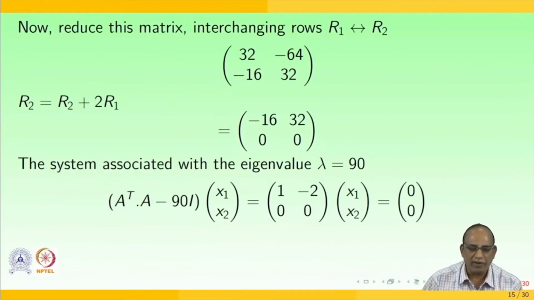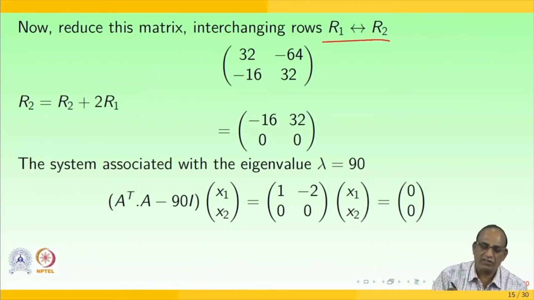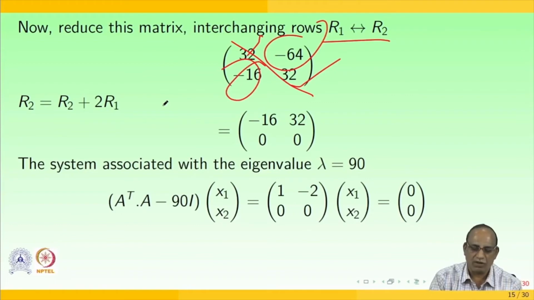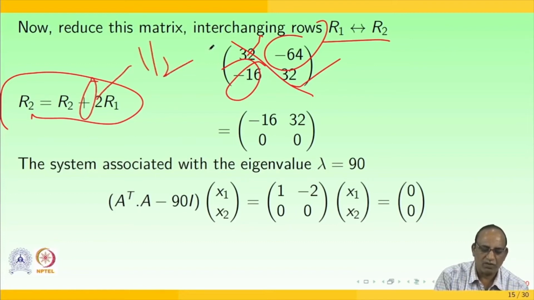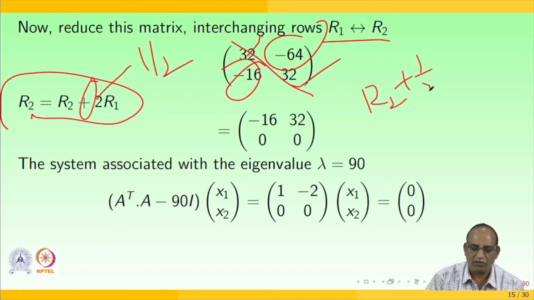Now reduce this matrix by interchanging the rows R1 and R2, so that 32, 32 will be on the main diagonal, minus 64, minus 16 on the subdiagonal. Then R2 is replaced by R2 plus 1 by 2 R1.